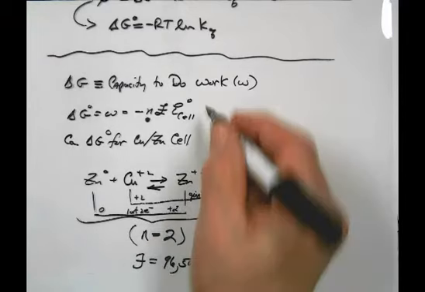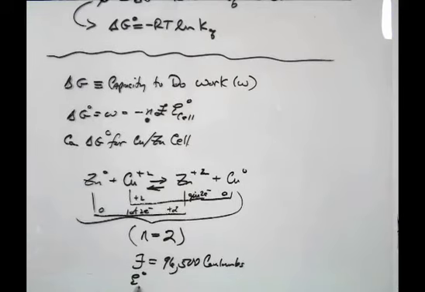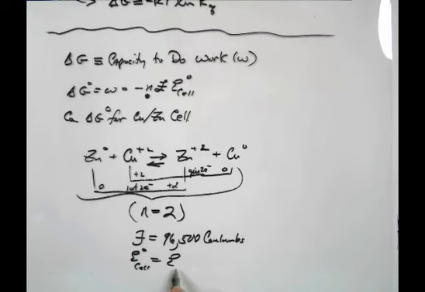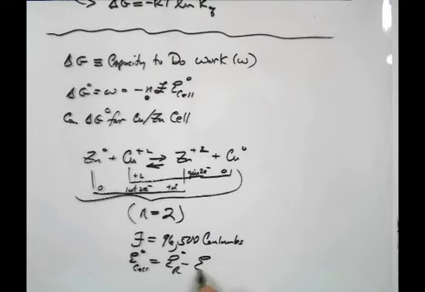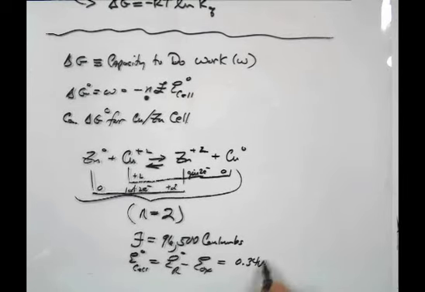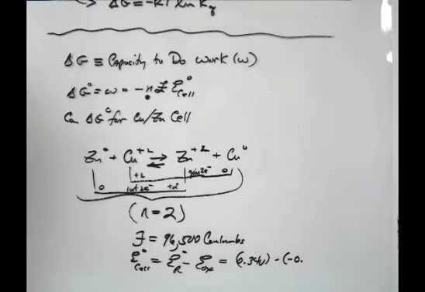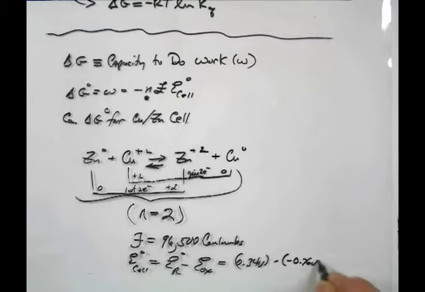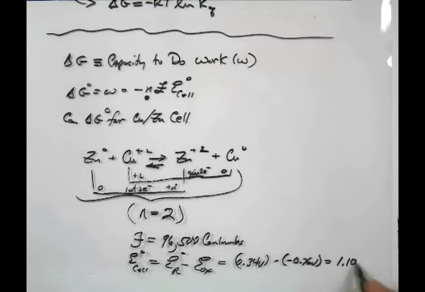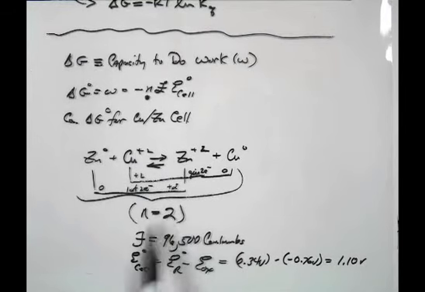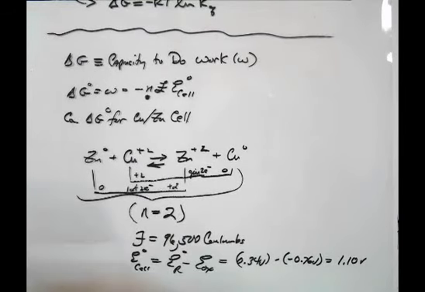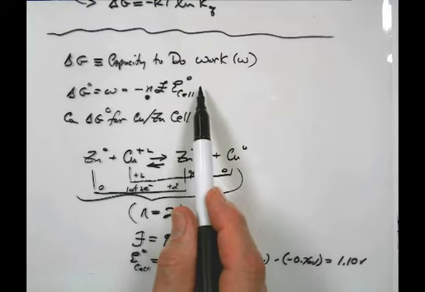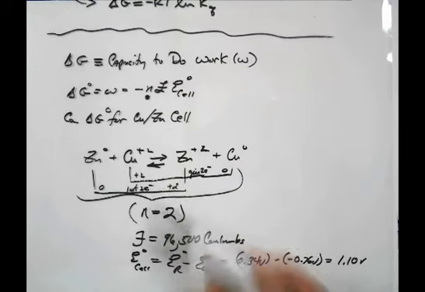And the E naught cell is E reduction standard minus E oxidation, and we saw that at 0.34 volts minus 0.76 volts, and that came out as a net 1.10 volts. So we have the NFE for our equation up here. So does everybody understand the terms?